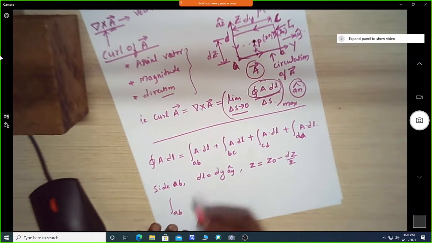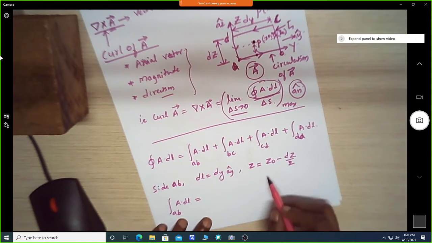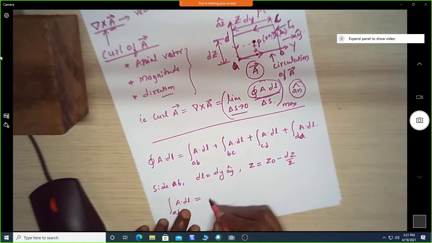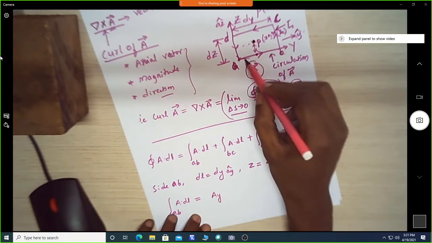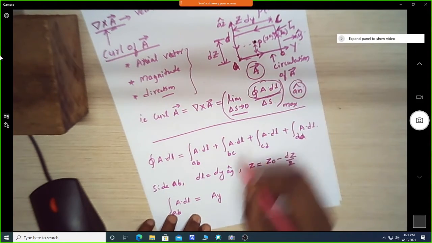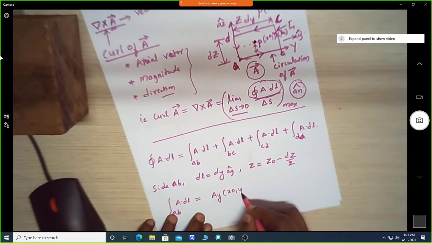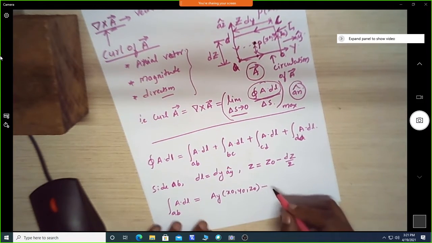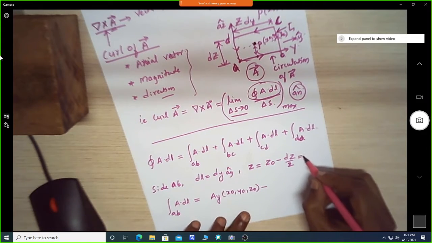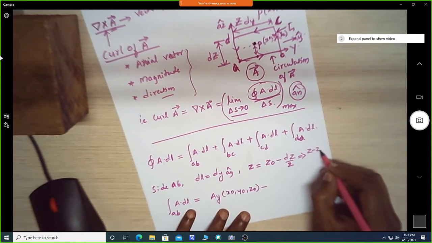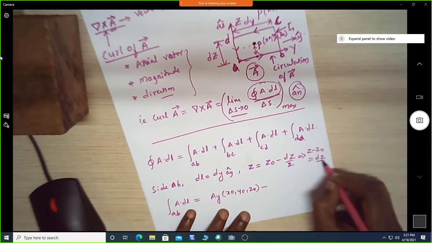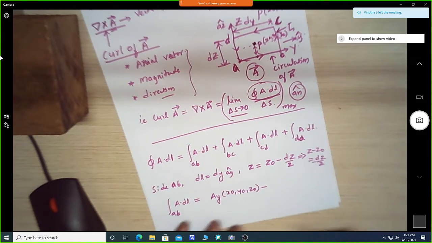If I define it like this, then we can write the integral for the line AB, which is A dot dl. What is the A component? It is the a_y component, because it is varying in the y direction, about point P, x naught, y naught, z naught. From this I can write z minus z naught equal to minus dz by 2.